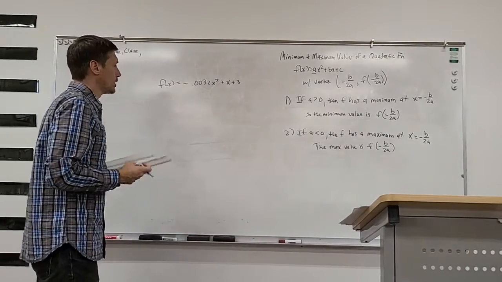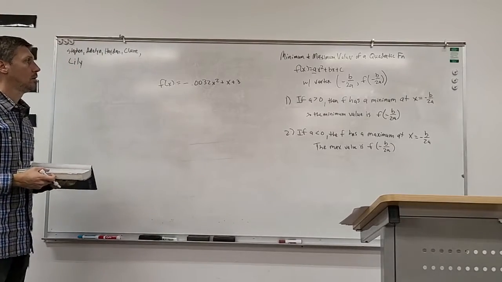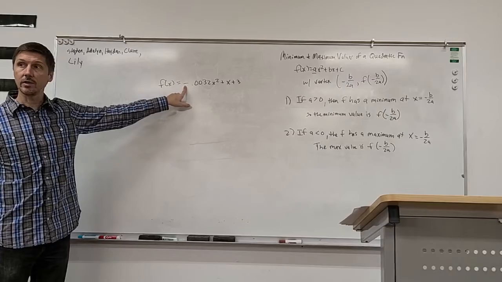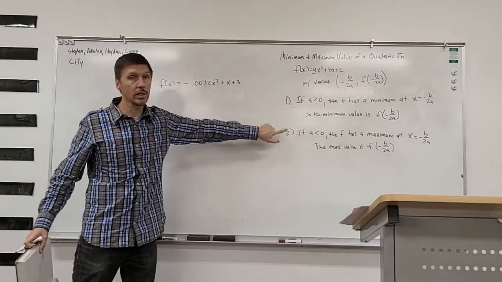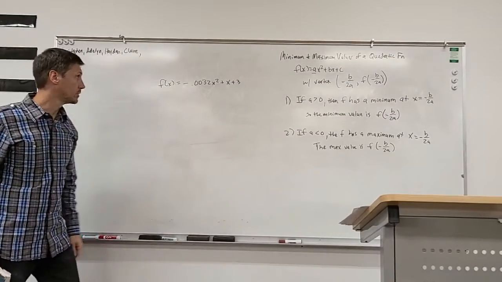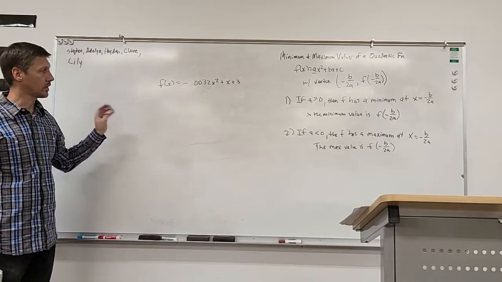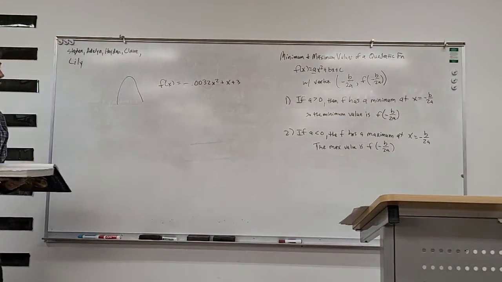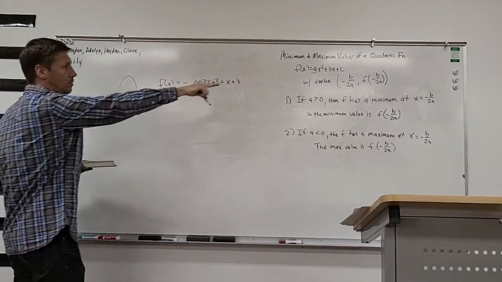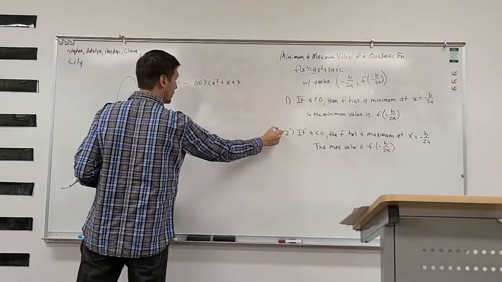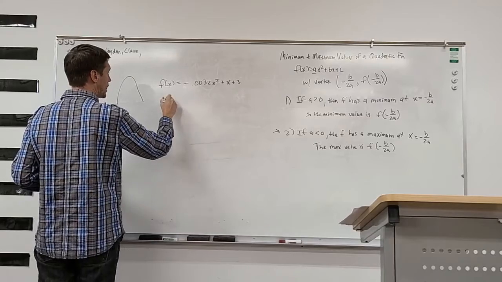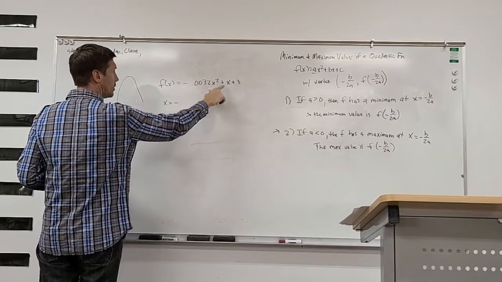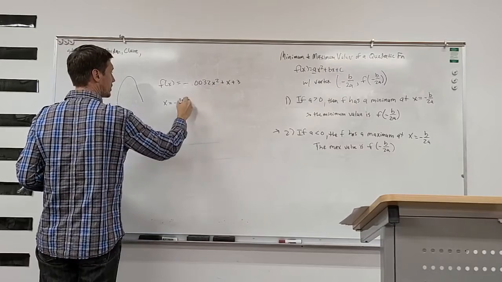All right? And so all we have to do, first of all, because this has a negative sign here, our a is negative, we know it's going to have a maximum rather than a minimum. Because the negative is in the front here, we've got a parabola that looks like this. So we know there will be a maximum when x equals negative b over 2a, and our b in this equation is 1.